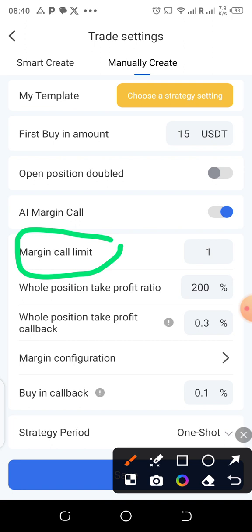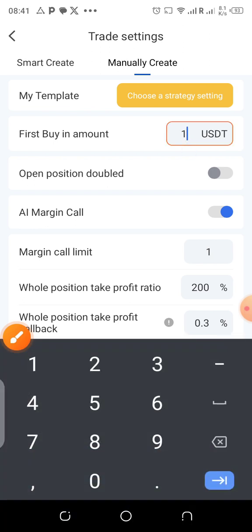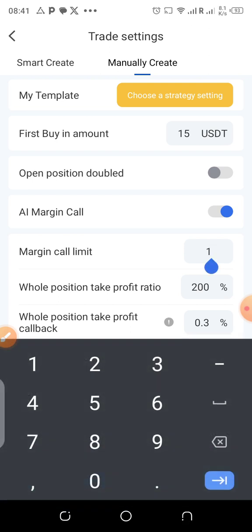Starting from the buy-in amount, you can edit everything that is here. So the first buy-in amount, I said, the small figure should be 15. Then margin call limit. How many times do you want the robot to go in the market?